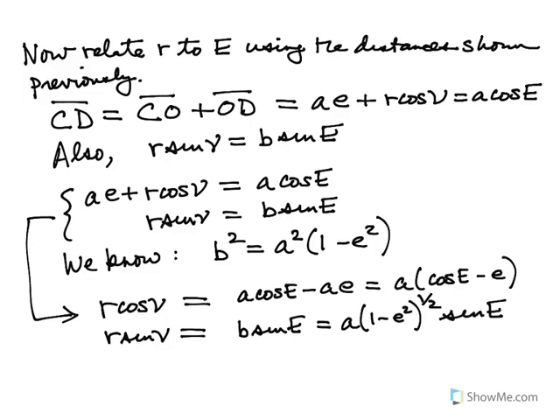So now you can actually see that I can take the sum of the squares of both sides, and I'm going to eliminate nu from the equation completely.